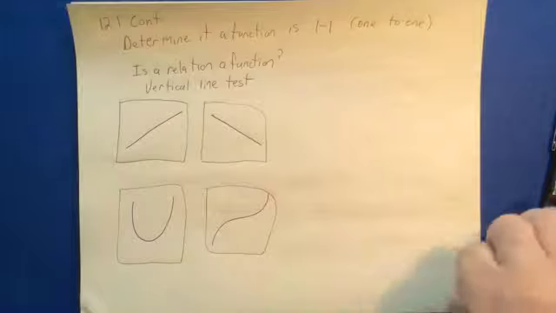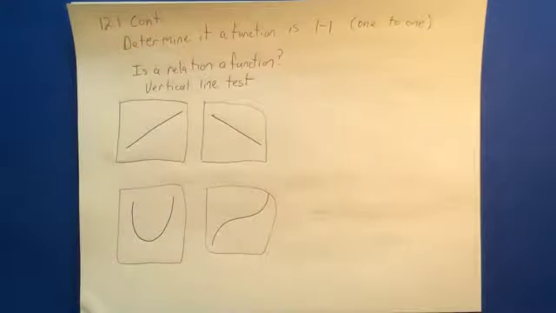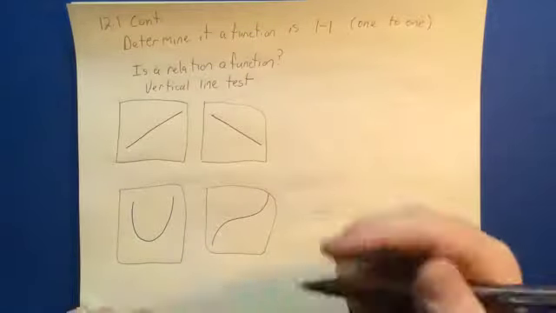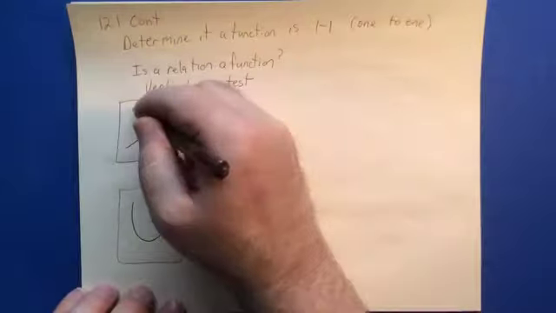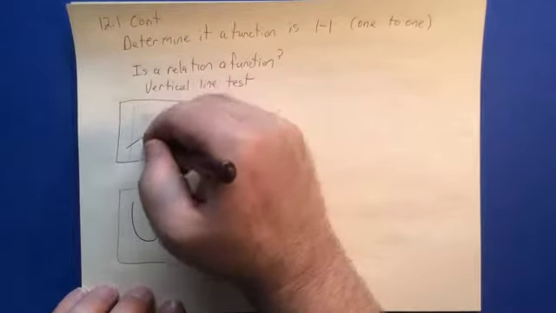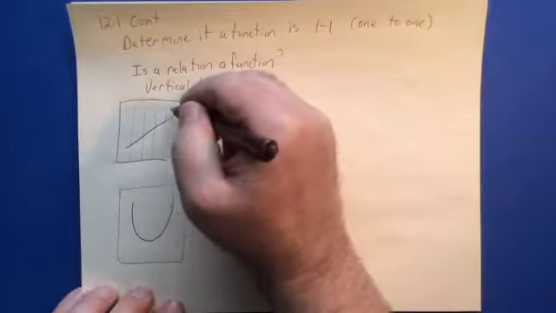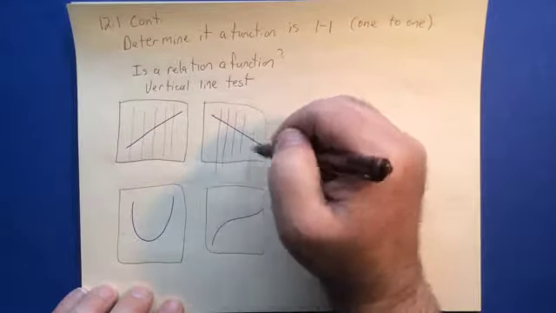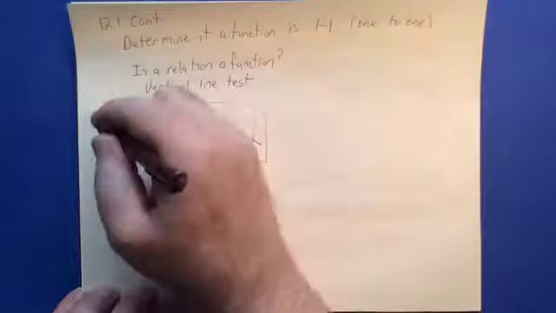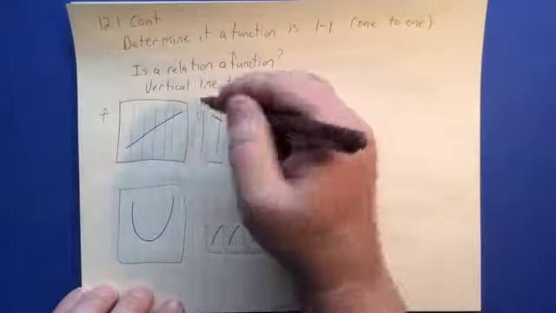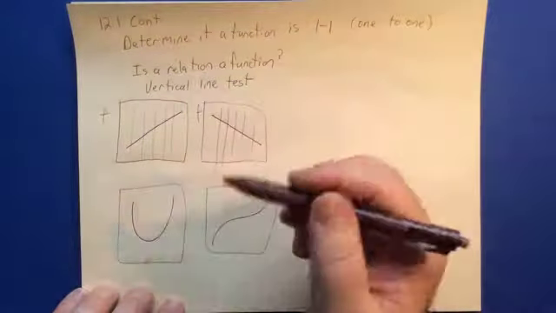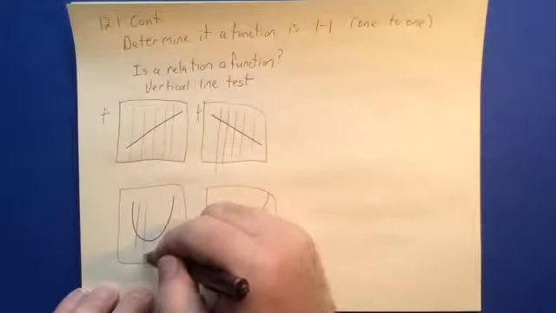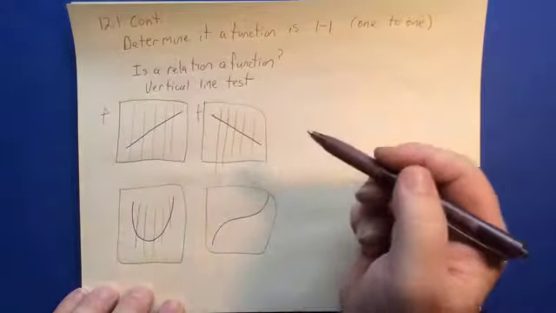If a relationship is a function, I should be able to draw vertical lines through it. If each vertical line crosses once, then this is a function. So this is a function, this is a function, this is a function.